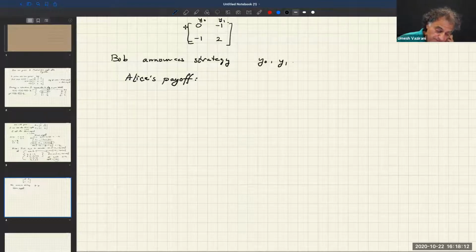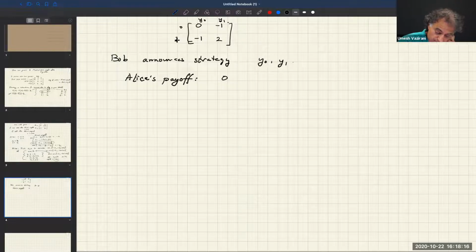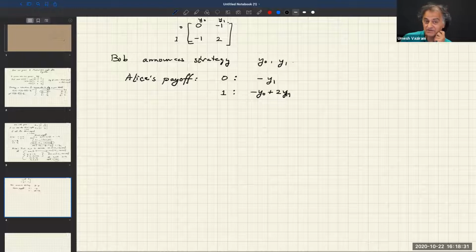Well, if she plays 0, then her payoff is minus y1. And if she plays 1, her payoff is minus y0 plus 2y1. So what's Alice trying to do?